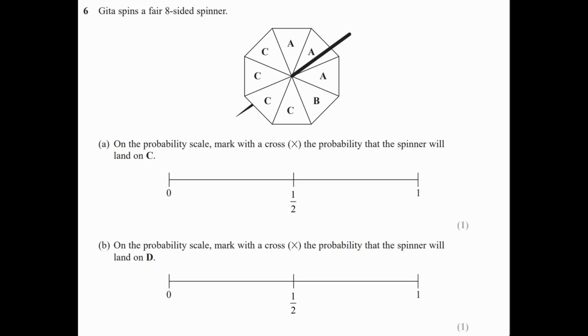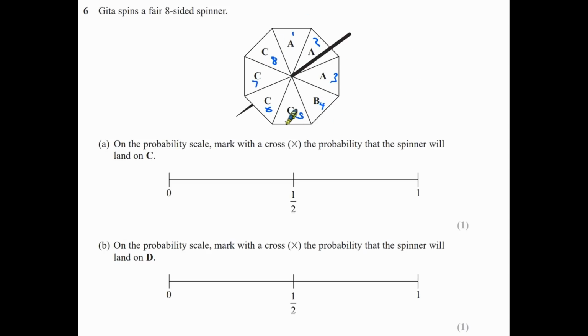Question 6 comes in 2 parts, so we'll do them together. Gita spins a fair 8-sided spinner, and we are asked, on the probability scale, which we're given below here, mark with a cross the probability that the spinner will land on C. Well, we're looking at probability, which is the chances of something happening. So let's have a look at this spinner. It has got 1, 2, 3, 4, 5, 6, 7, 8 sides.